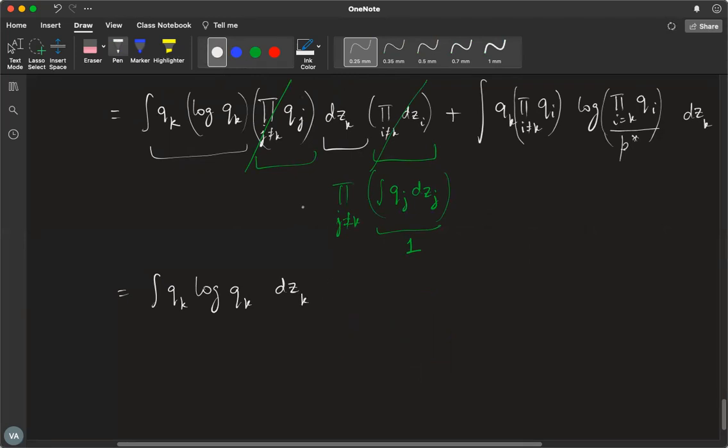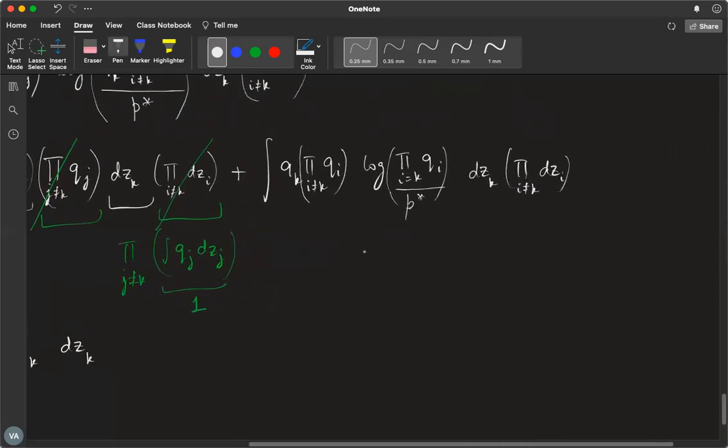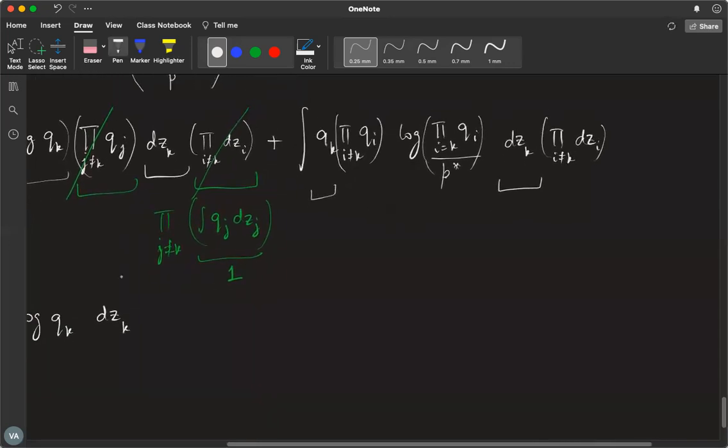Now let's look at the other term. What becomes of the other term? In the other term, let's try to separate the variables. So you see dzk is here and qk is here. These terms have no zk. This term has no zk. Here the denominator will have zk. Let's try to separate that also. So how do we separate?